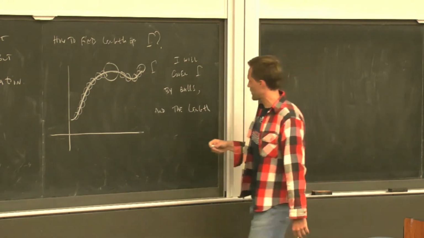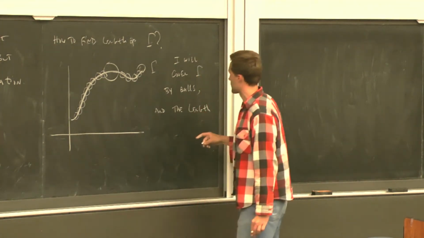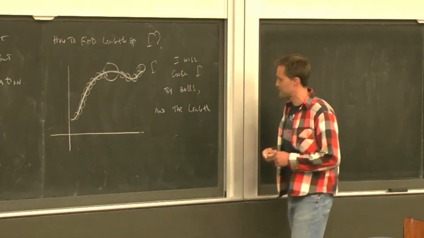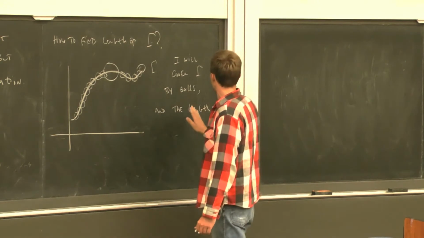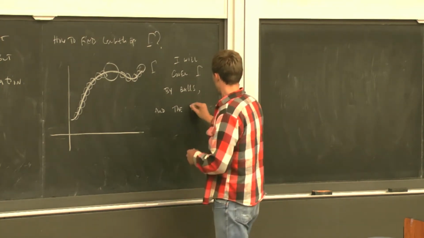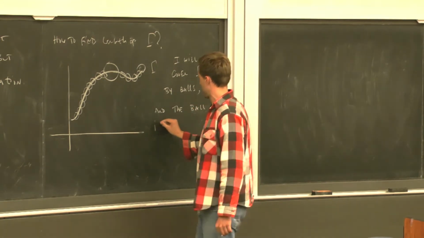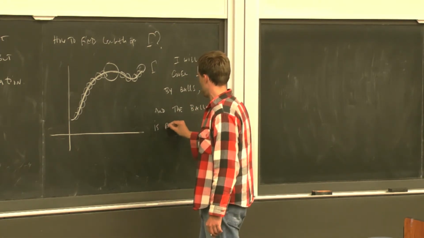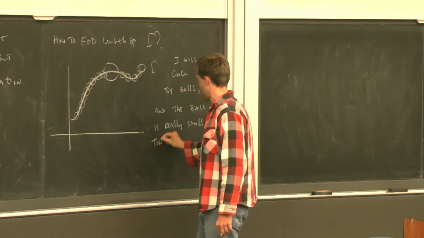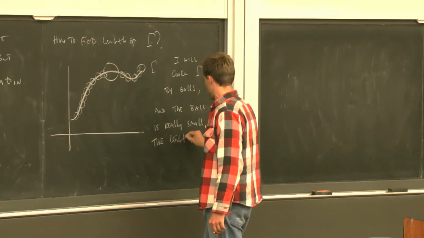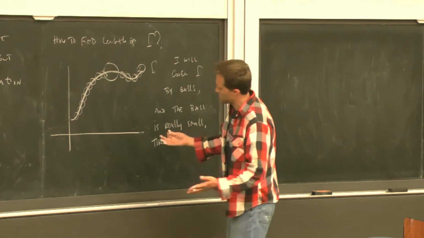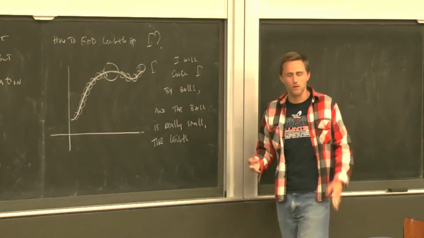And the length of gamma, and right now we're assuming gamma is nice, is almost like a one-dimensional thing.